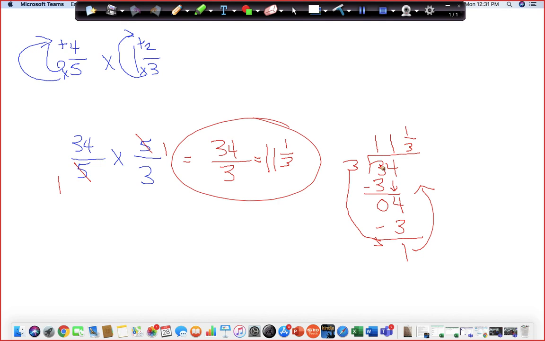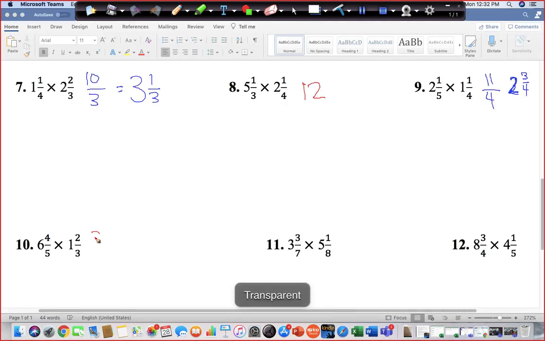Then we put 34 in the house and divided it by 3. And 3 goes into 34 11 times. Well, I broke it all the way down, but it'll be 11 1/3 because we have 1 remaining. Okay? So 34 over 3 equals 11 1/3.